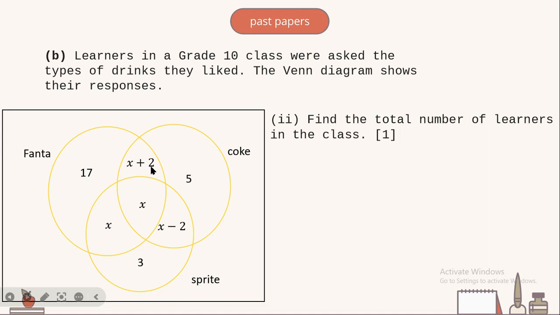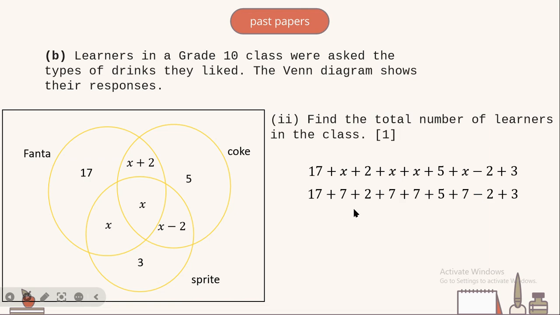So 7 plus 2, it is what? 9. Here it is 7, here it is 7, and then this is 5. So 7 minus 2, it is 5, and this is 3. Add everything together. So it's going to be like so.